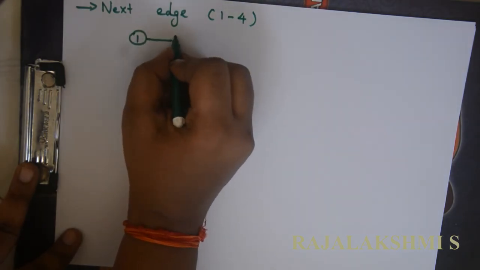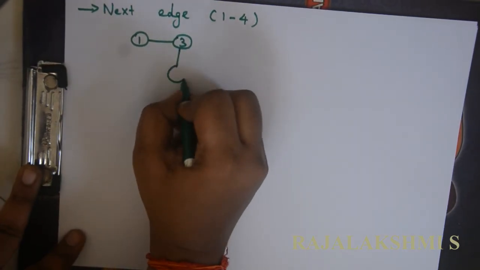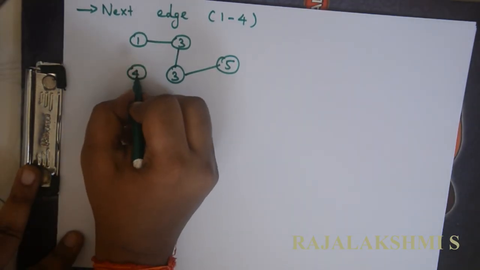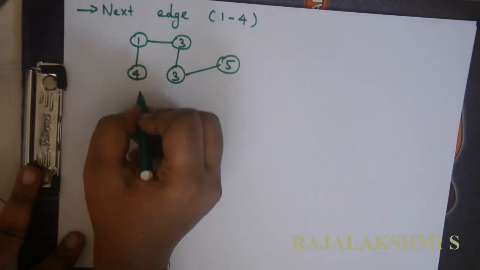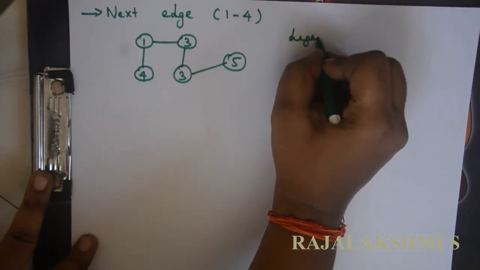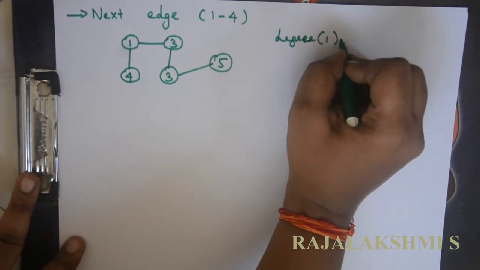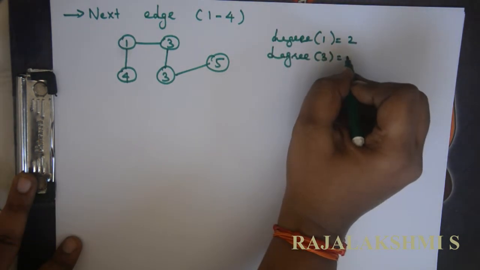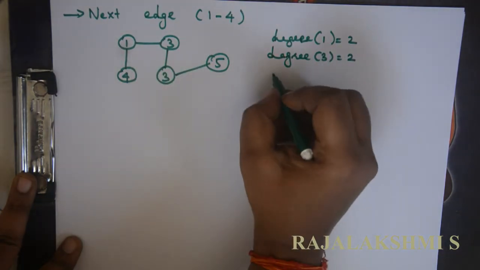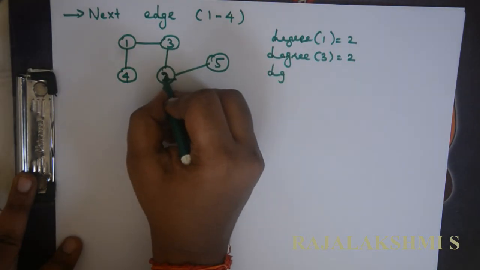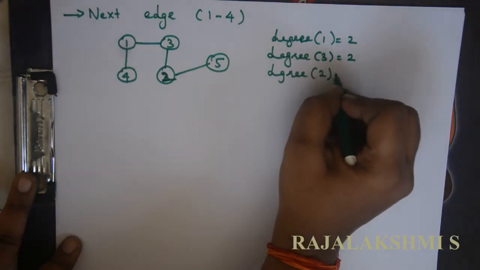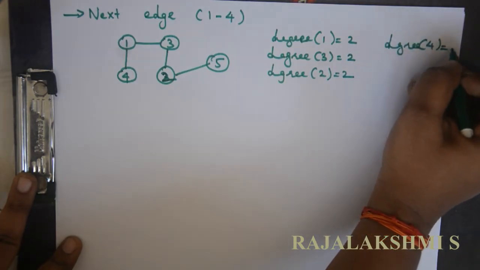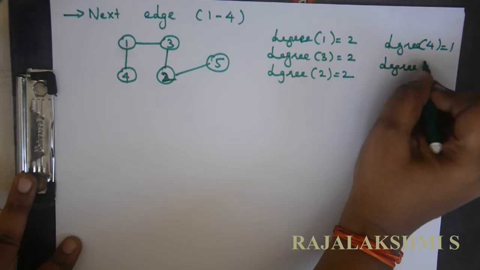So first I am drawing the existing diagram 1, 3, 2 and 5. Now I will be having 4 here. If I draw the edge from 1 to 4, the degree of 1 is equal to 2, degree of 3 is equal to 2, degree of 2 is equal to 2, degree of 4 is equal to 1, and degree of 5 is equal to 1.